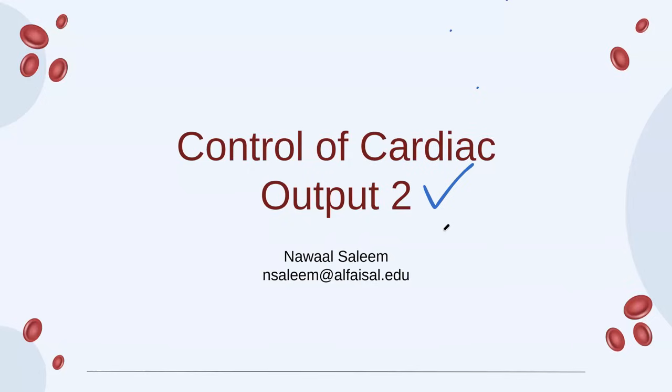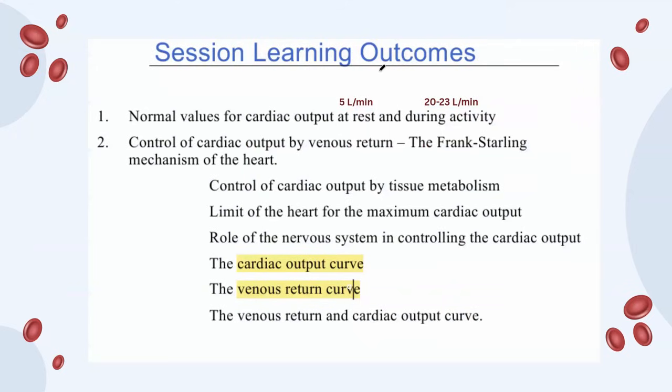We are back. So let's talk about control of cardiac output. Okay. So these are the session learning outcomes. So we have normal values for cardiac output at rest and during activity. You have 5 liters per minute at rest and 20 to 23 during activity.